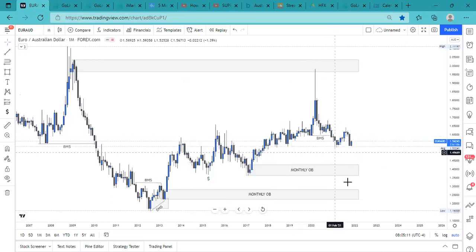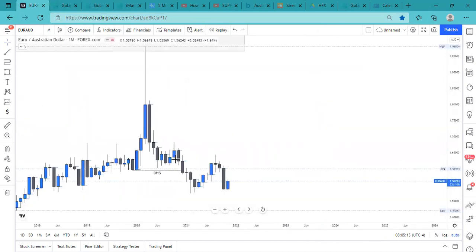We have a break in market structure to the downside. Why? A previous low was taken out. We have a close of body candle on this region.